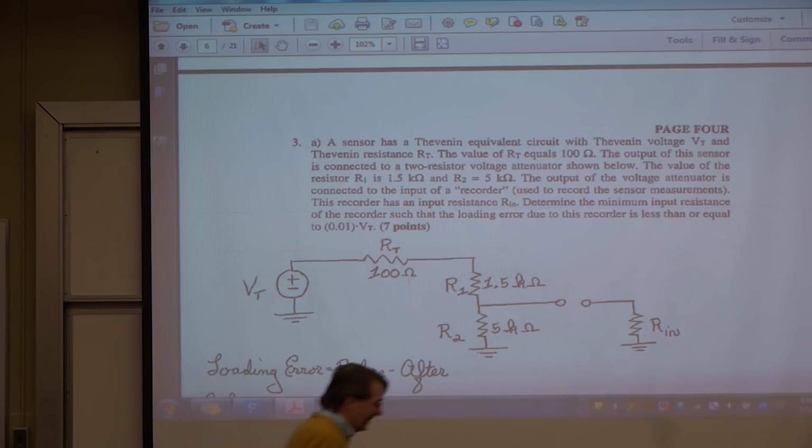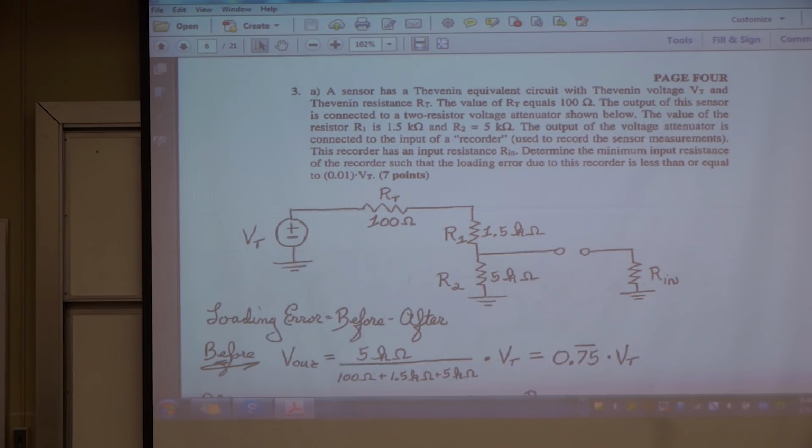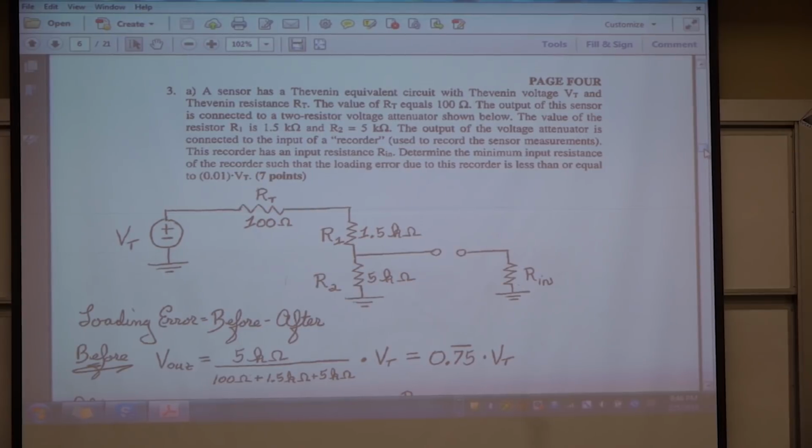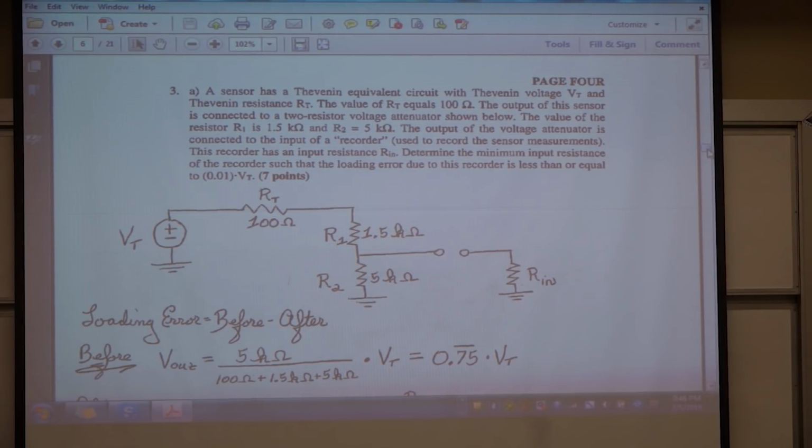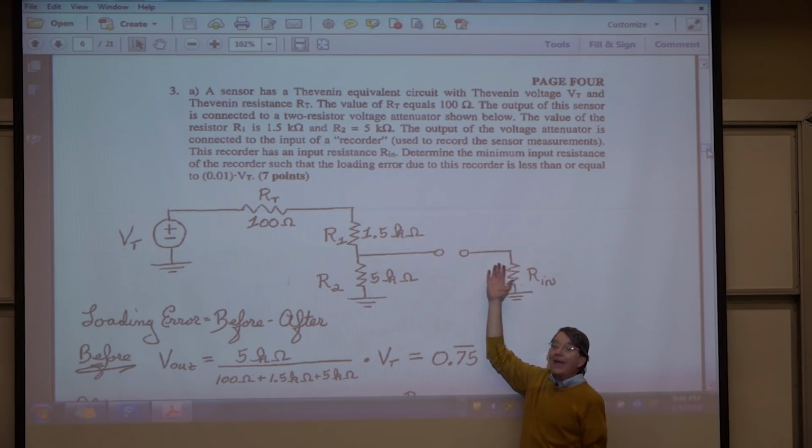Congratulations. All right. So now we're looking at the loading error is before minus the after. Now, I'm hoping the before is really easy. Before means before I connect to that meter.